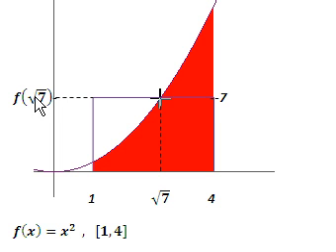If we took f of square root of 7, which happens to be the height of this purple line, and multiplied it times the difference between 4 and 1, we would get the area of this rectangle here. And it turns out that the area of this rectangle is equal to the actual area under the curve.